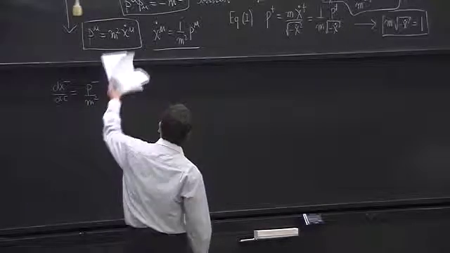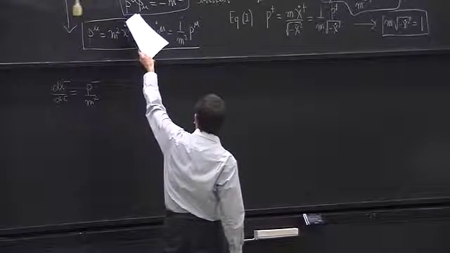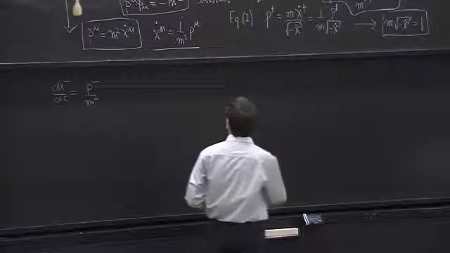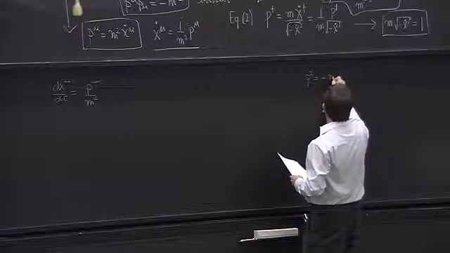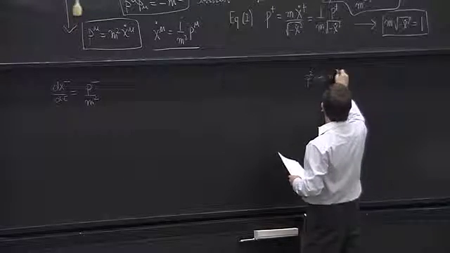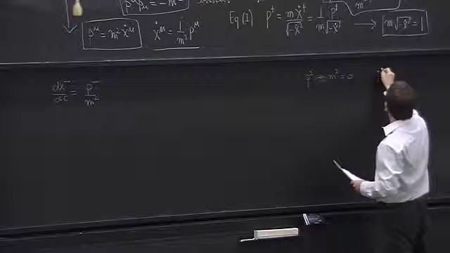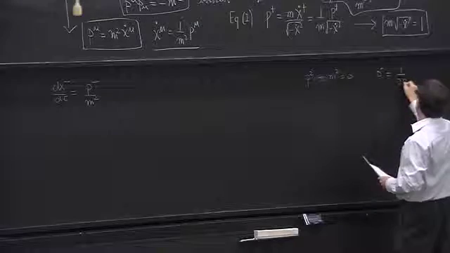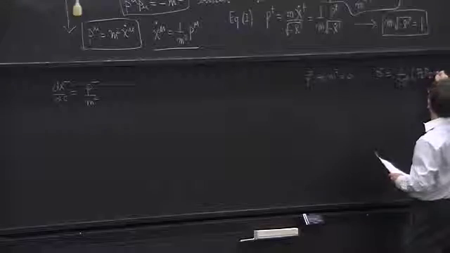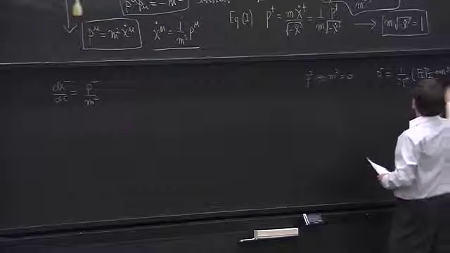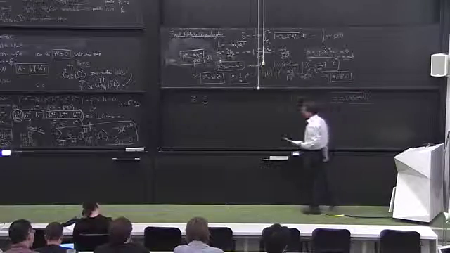Now, what is p minus? You can calculate p minus from this equation. As usual, p squared equals minus m squared, or p squared plus m squared equals 0, gives you p minus equals 1 over 2p plus times pi squared plus m squared. So that's what p minus is.